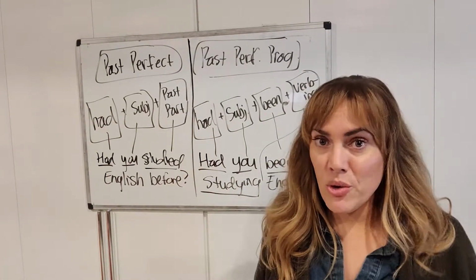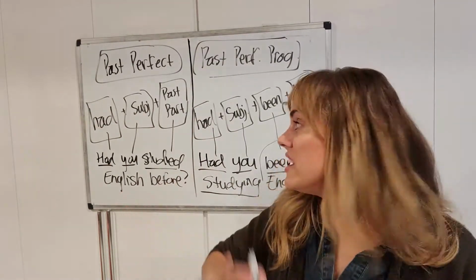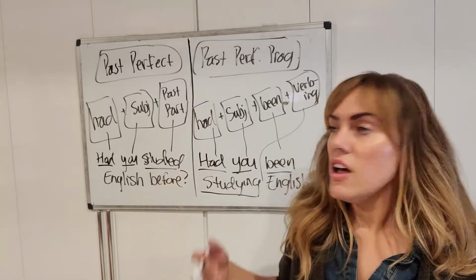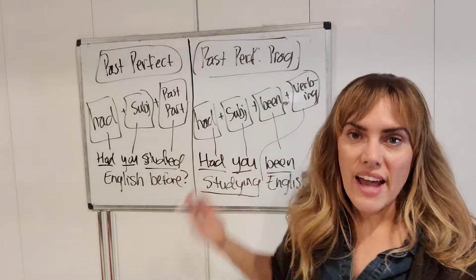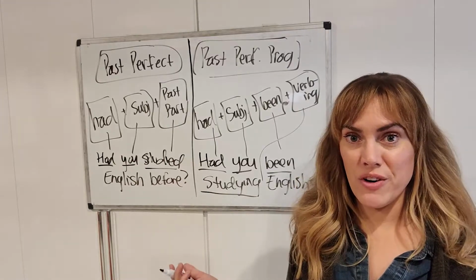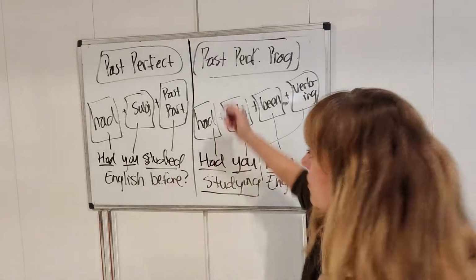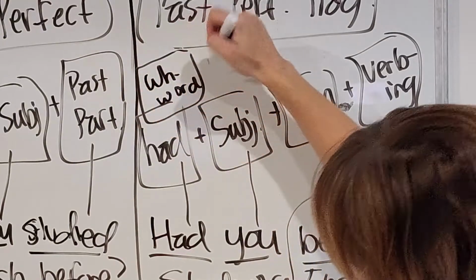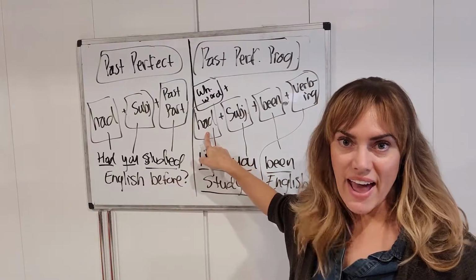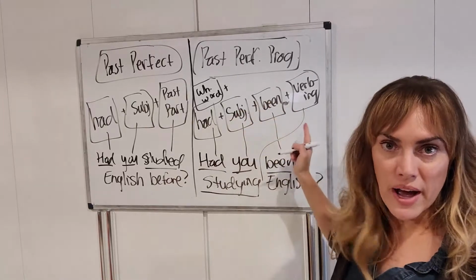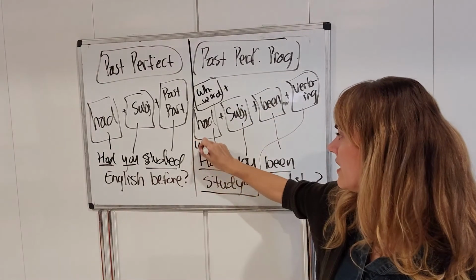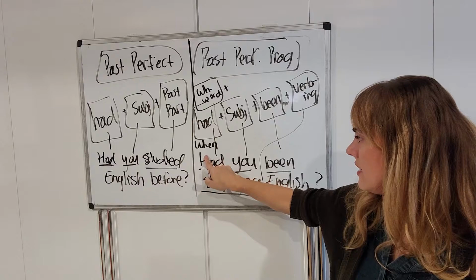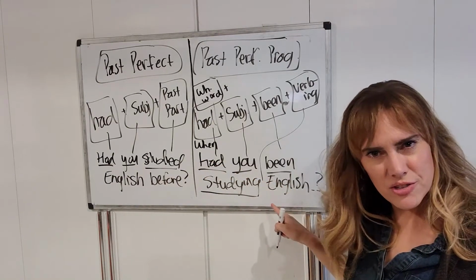What about WH questions? Well, that one's actually sort of easy too. It's the same structure. Now you just add the WH word before the helping verb. So you just add WH word, then had, subject, been, verb, ing. So when had you been studying English?